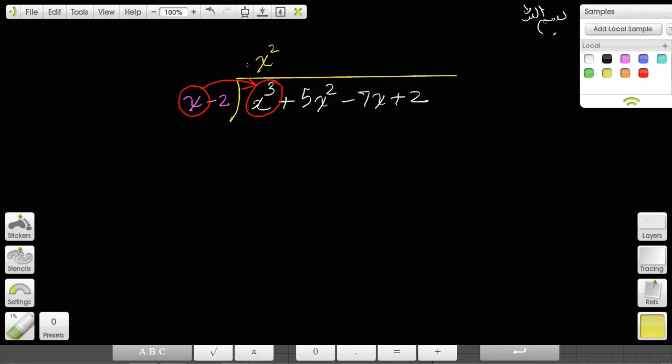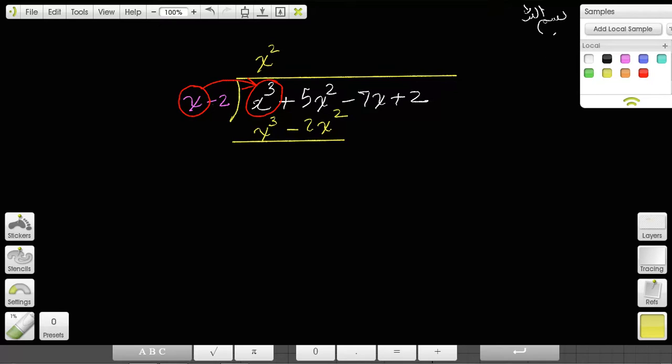And then you multiply x squared by the whole thing over here, so x squared times x minus 2, and you write it over here. x squared times x would be x cubed, and x squared times minus 2 would be minus 2x squared. Then you subtract.